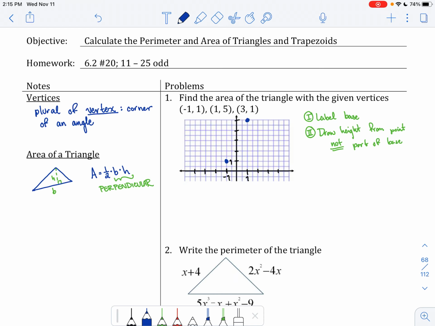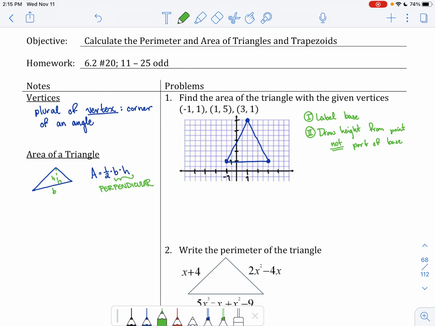Then 1, 5, just all the way at the top here. And 3, 1. So then my triangle goes here, like so.